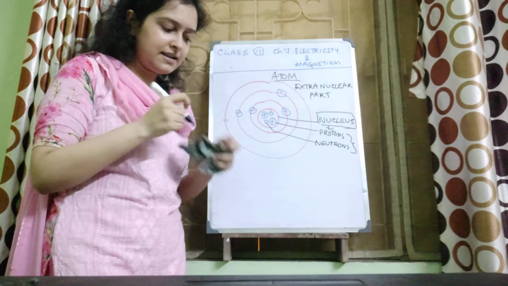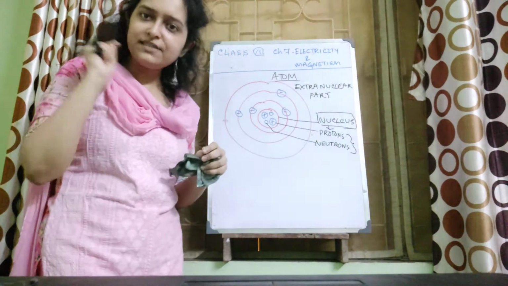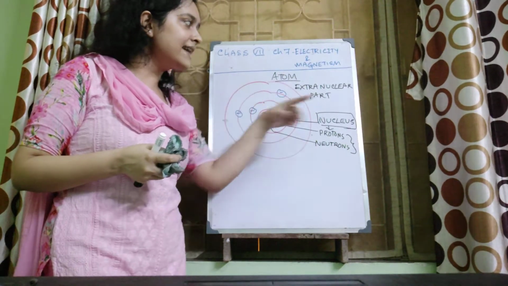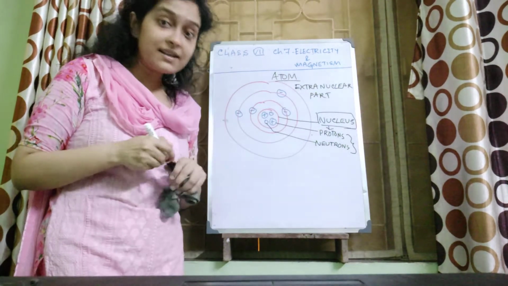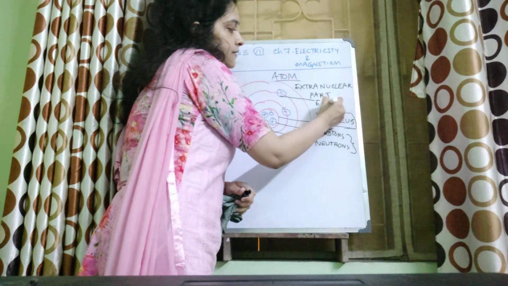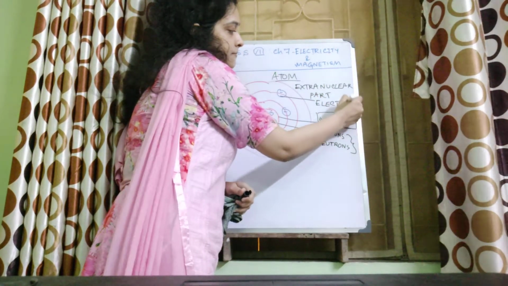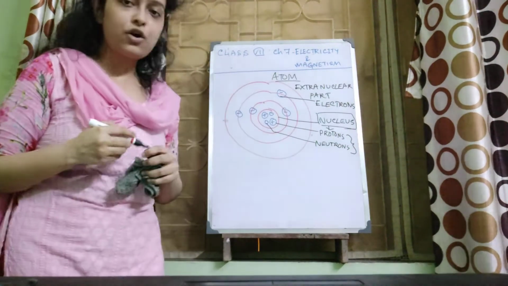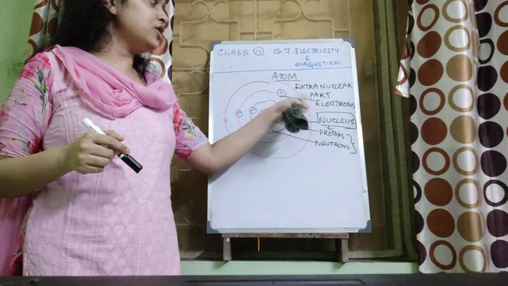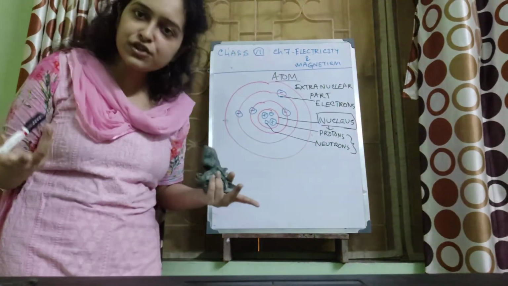Minus charges. These particles carrying minus charges, they move around the nucleus in the extranuclear part. What are these particles called? These are called electrons. Right? They are called electrons. So, protons positively charged, electrons negatively charged, neutrons no charge.